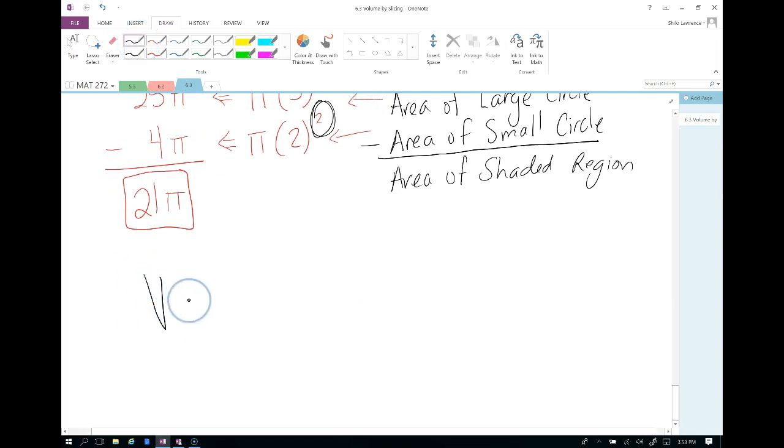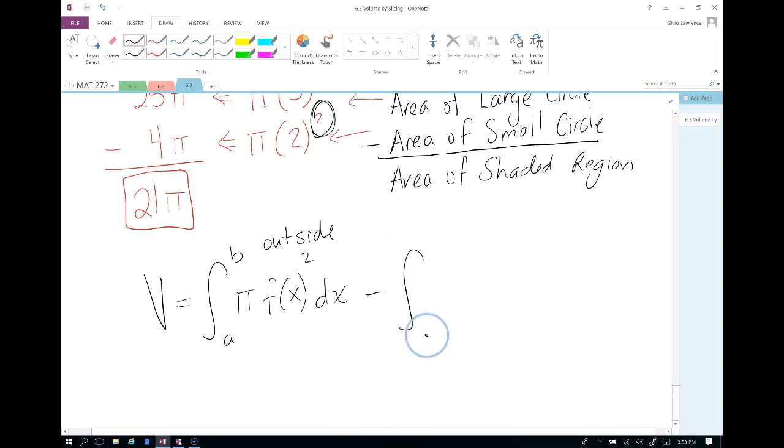So to deal with washers, we want to do our outside function and figure out the volume that it gives us. But then we want to kind of scoop out and subtract the volume from the inside function, because anything from that inner function is where our hollowness is, and that's not going to be included in our volume if it's hollow.